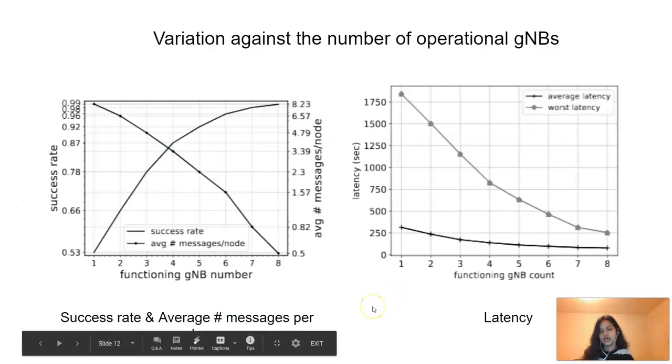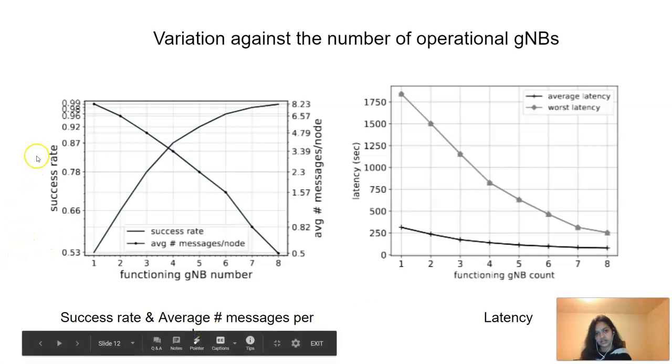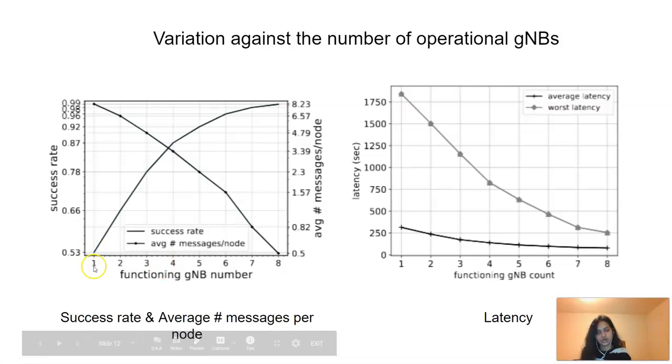So, I will explain now the results I obtained. First, the success rate was obtained for the variation of the number of working base stations. So when the number of working base stations changes, how the success rate changes. It can be seen that in the worst case scenario, when only one base station is working, about 0.53 success rate can be achieved.